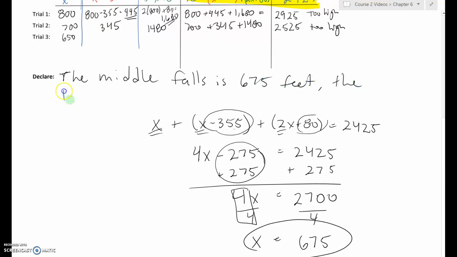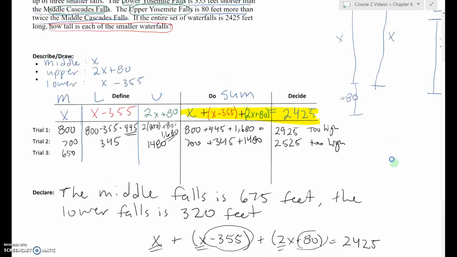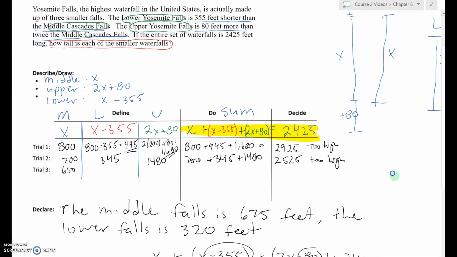The lower falls is 355 less than that. So let me take 675 minus 355, which is 320 feet. I think it just asked about those two, each of the smaller falls.